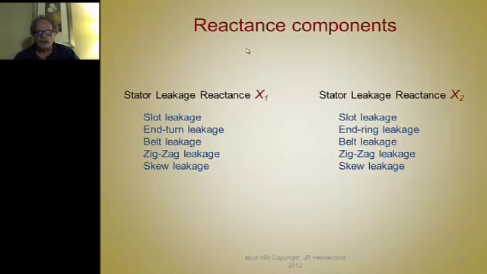I believe this says, this should say rotor leakage reactance here. That's a mistake, so cross that out and let's call that rotor leakage reactance. And that's made up of several terms: slot leakage, end ring leakage, belt leakage, zigzag leakage, and skew leakage. In stators, there's very seldom any skew, but there can be.